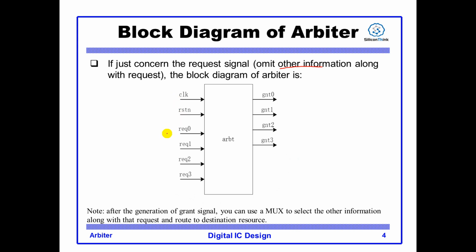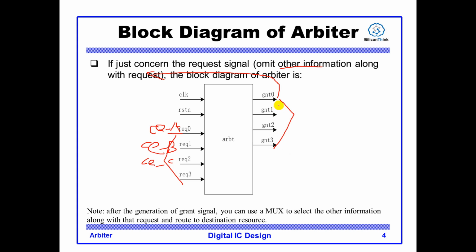You have clock, reset and the request, and you have the grant. The grant is fed back to the request to tell the source that your request has been granted. For the SRAM case, this signal may be the chip select from module A, chip select from module B, chip select from module C.